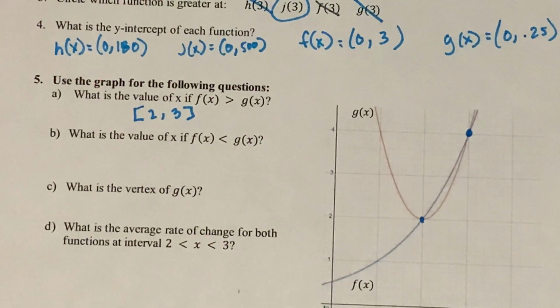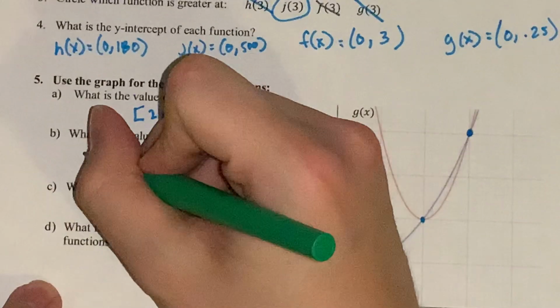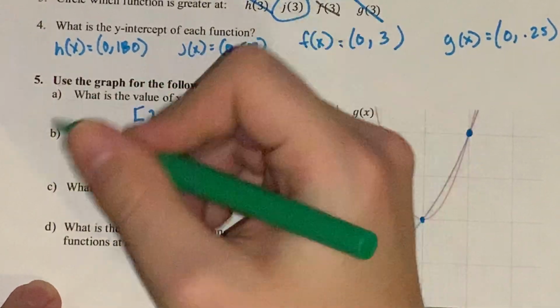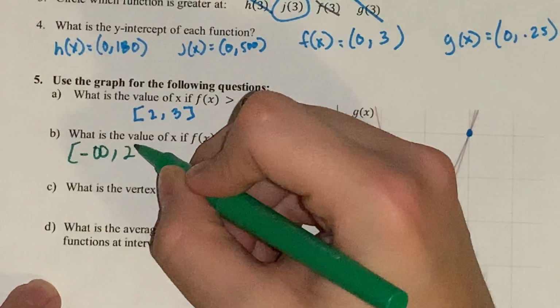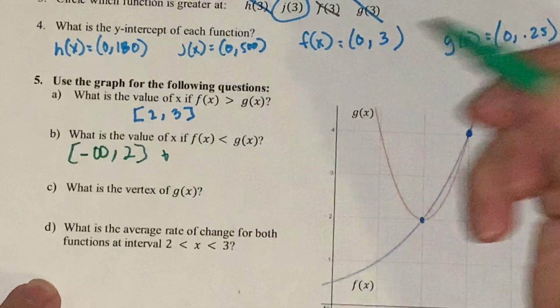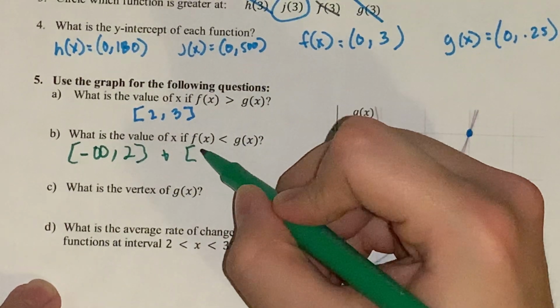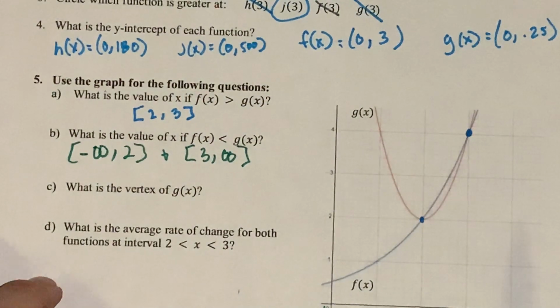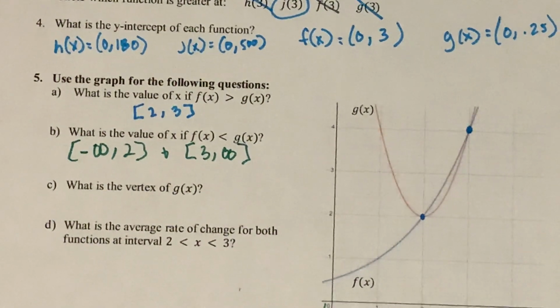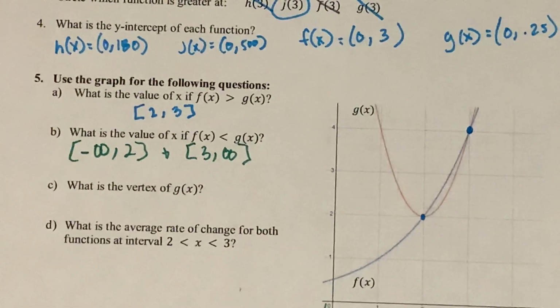So you could say both of these for part B. So from negative infinity to 2, and then 3 to positive infinity. And again, those brackets just indicate the x coordinates that they lie between.